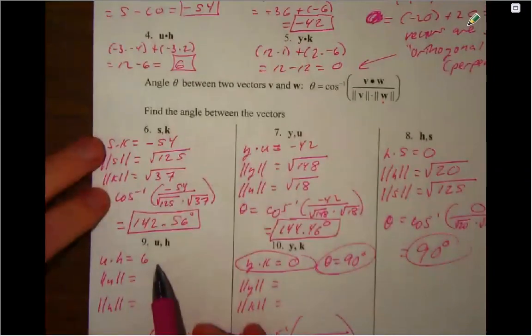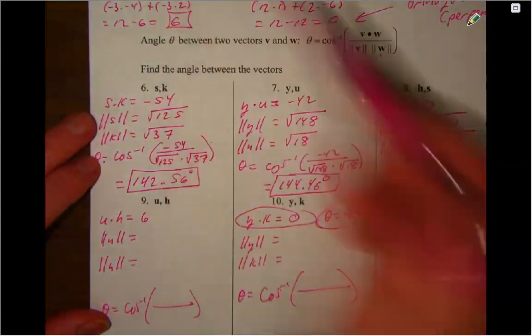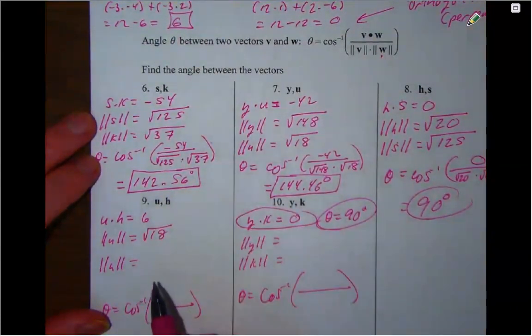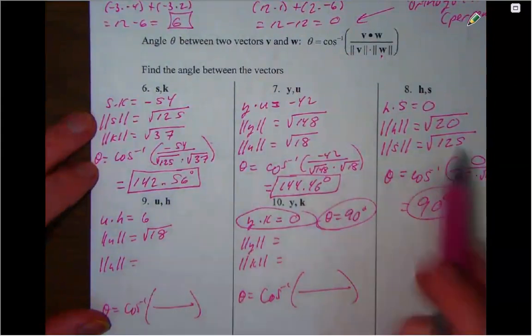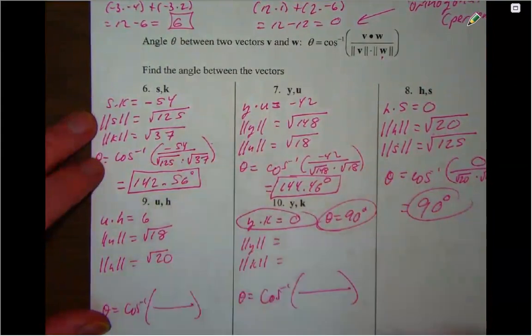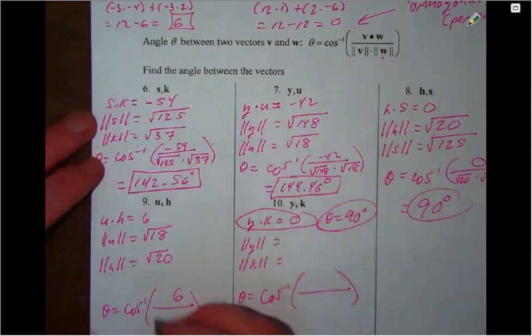The magnitude of U was root 18, and the magnitude of H was root 20. So again, inverse cosine of the dot product, 6 on top, root 18 times root 20.